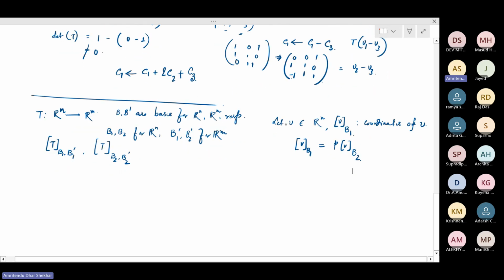And this P is actually independent of the choice of V. So let me write it down. P is the coordinate change matrix. This holds for all V.